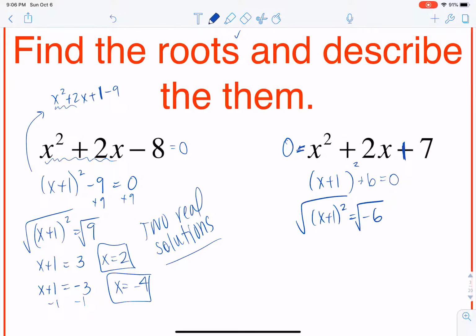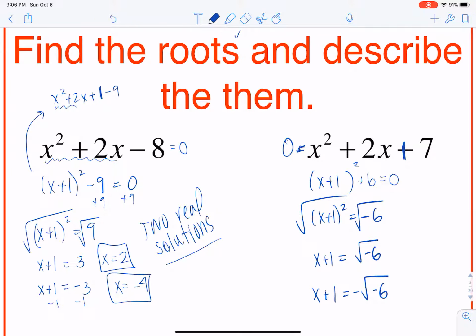Take the square root of both sides, and we can already see what's happening here. I'm taking the square root of this negative number. So I have x plus 1 is equal to the square root of negative 6, and x plus 1 is equal to negative square root of negative 6.